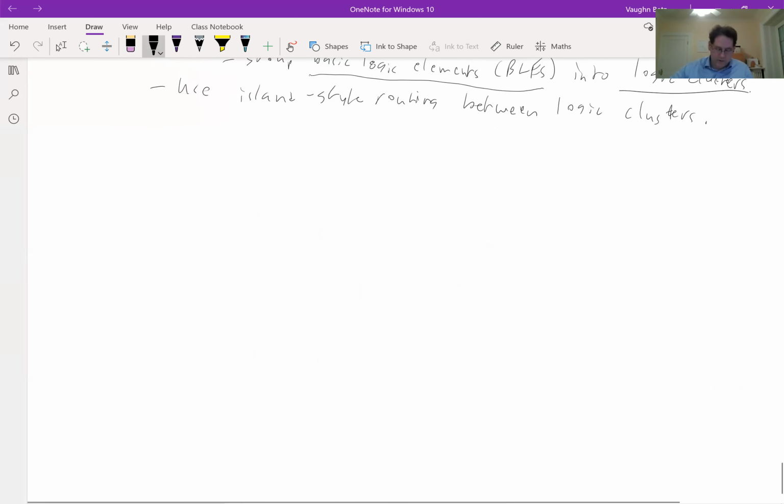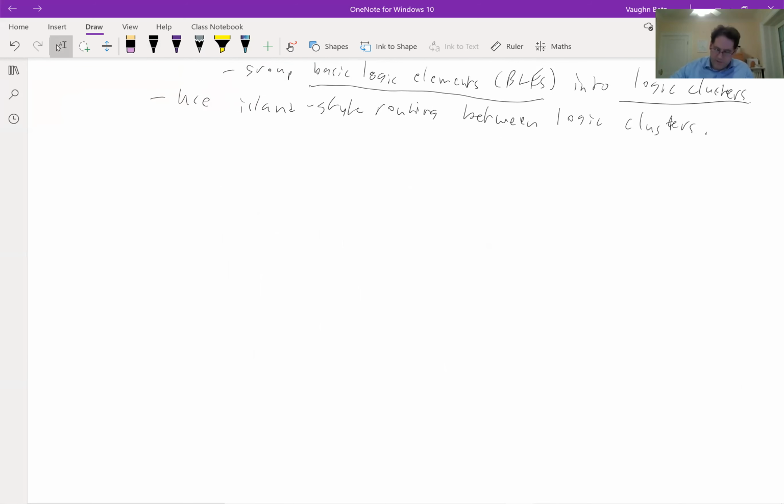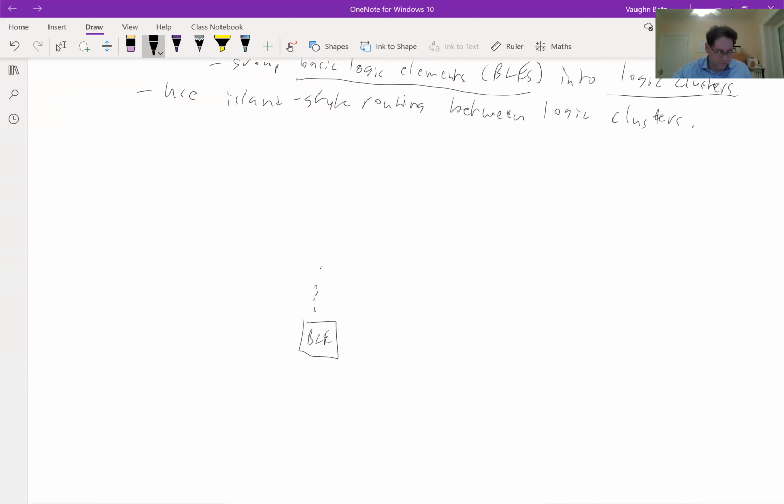Okay, so what do these look like? Basically, we've got these BLEs, and a BLE is typically just a lookup table and a flip-flop. So it's a small logic element. And I make a few of those. Commonly, there are N of these things, so we define that as the number of BLEs.